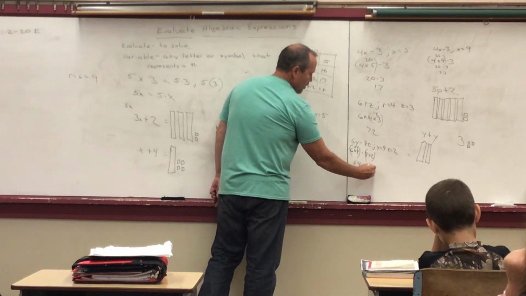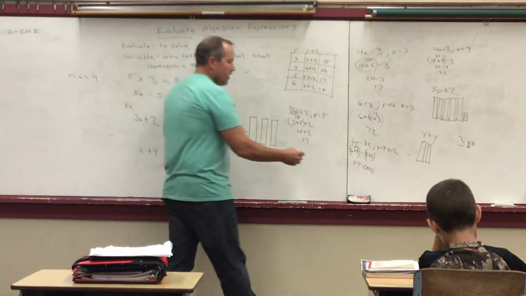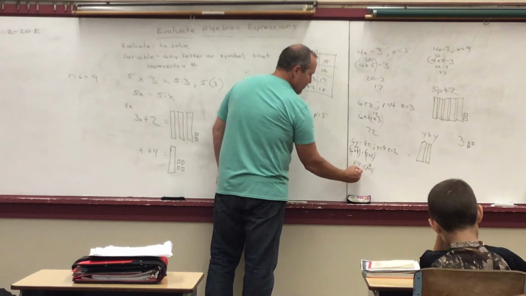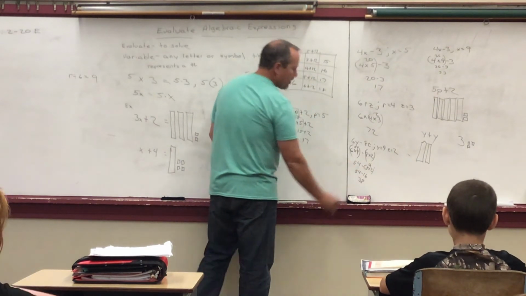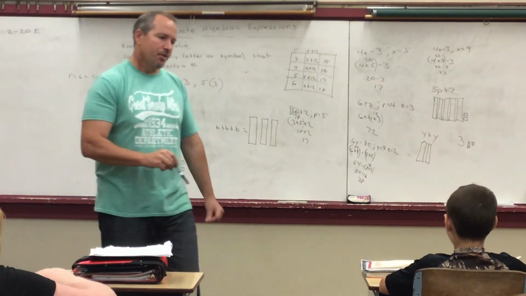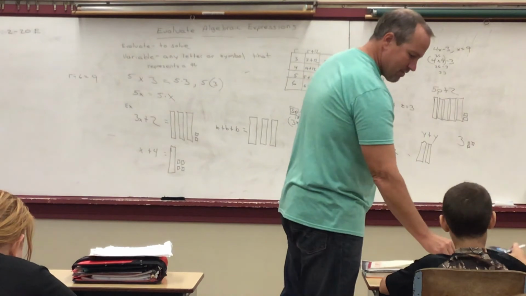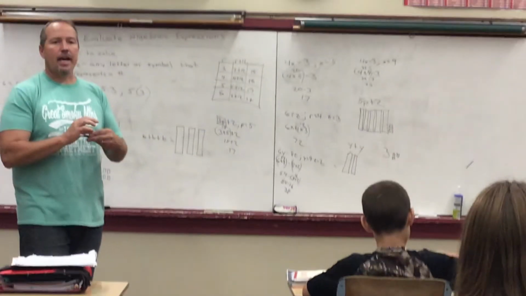I could have also done the 8 times 2 at the same time because they're both in parentheses. And now 8 times 2 is 16. So now I have 54 minus 16, and that would give me 38. Any questions?